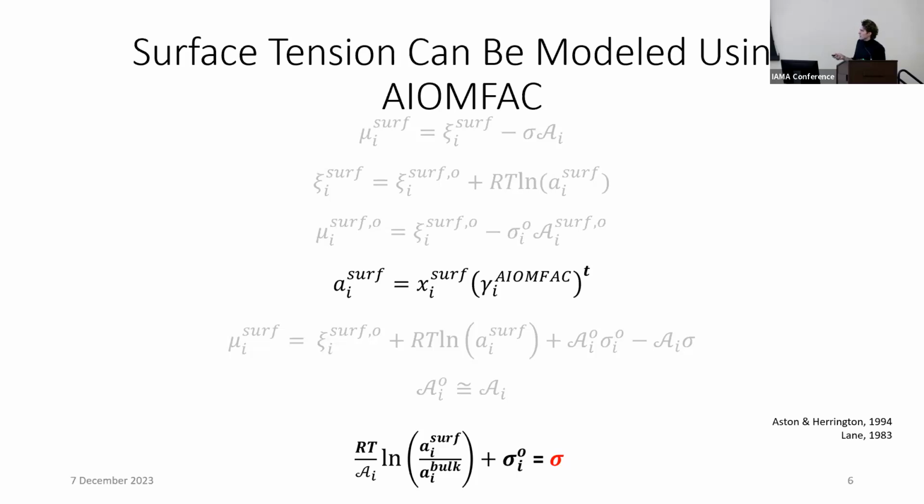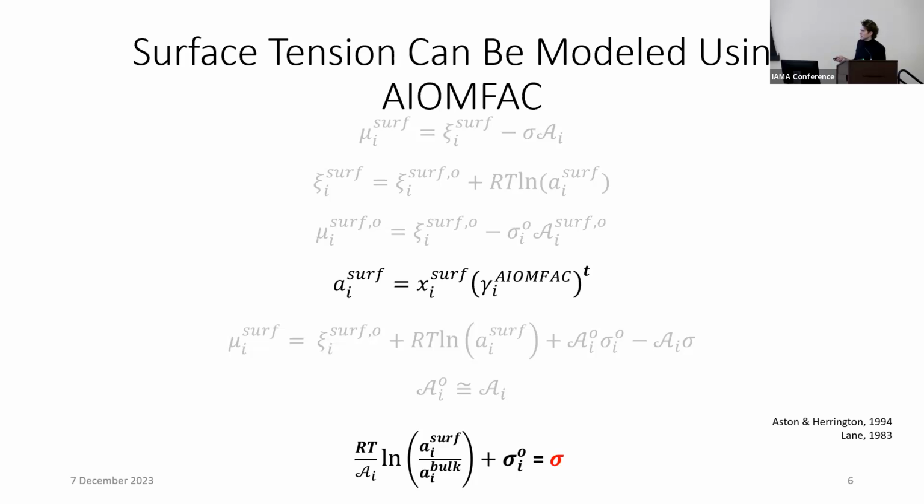We then use that to calculate the chemical potential in the surface phase here. And one key assumption that we make is that the partial molar area, which is this script A for each species, is equivalent to the pure component partial molar area. So all that leads to this equation down here on the last line. This is what's called the Butler equation.